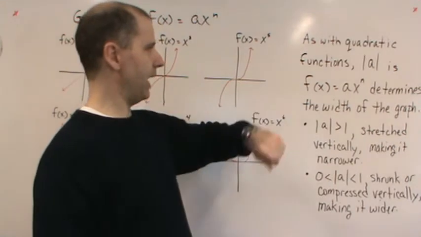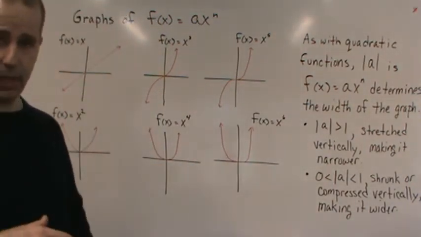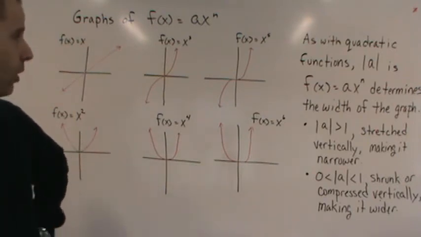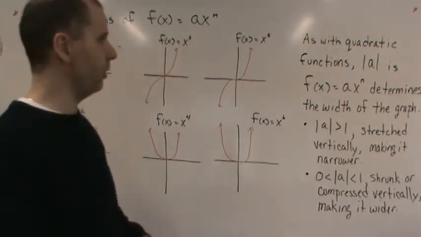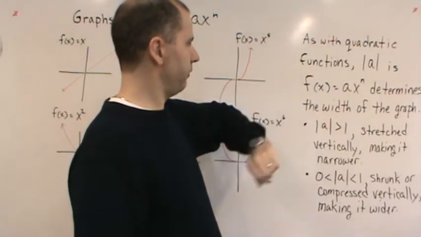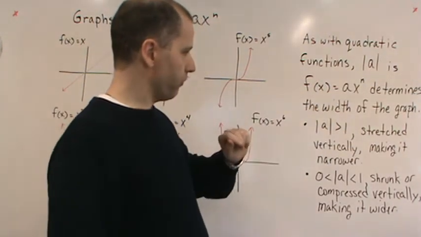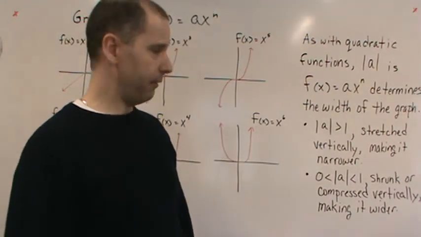As with any quadratic function, not only is the power affecting the shape of the graph, but of course a also affects the graph, as we've talked about before. So as usual, the absolute value of a will determine the width of the graph.